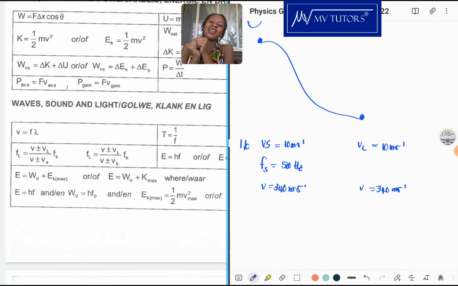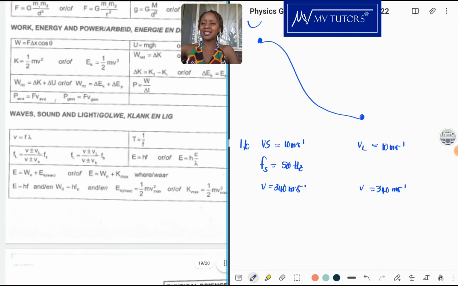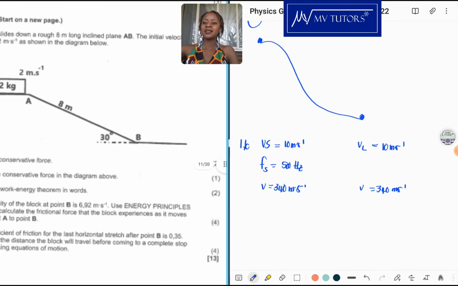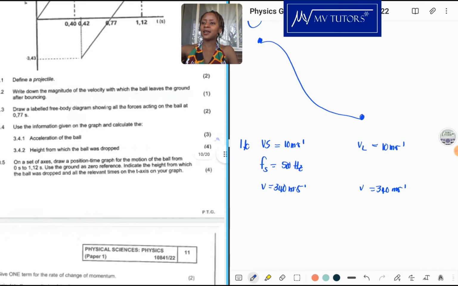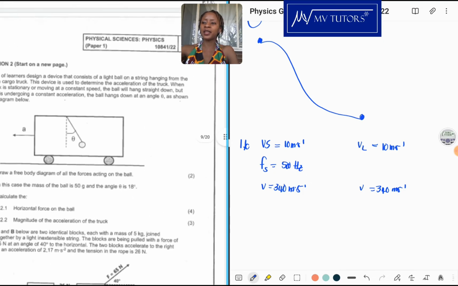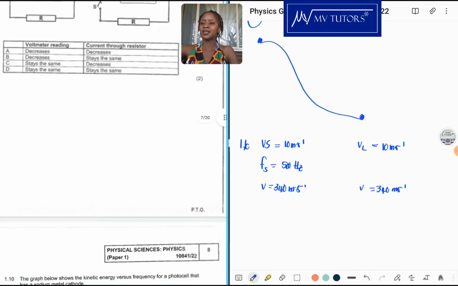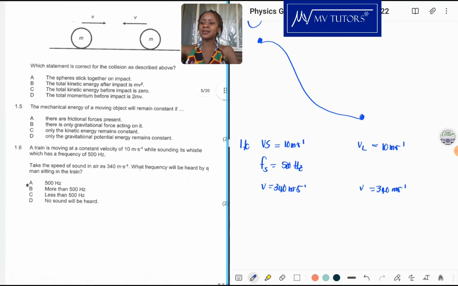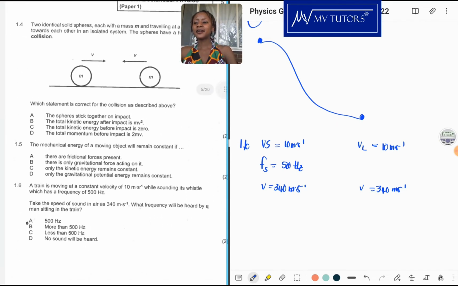joined together. They're like one. So in a case like this, where both are moving at the same speed, there's a sound produced while they're both moving in the same place or whatever, then in this case, the answer would be A. Okay, the frequency heard by the man would be 500 hertz.